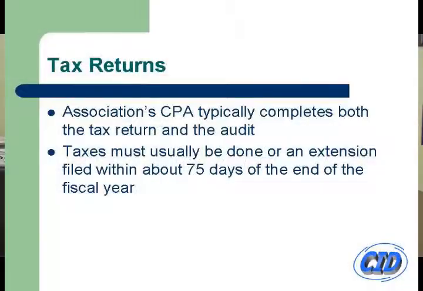The association CPA will typically complete both the tax return and the audit. Taxes must be done usually within 75 days. So if your fiscal year ends at the end of your calendar year, by March 15th you'll typically have to have your taxes done, or else an extension needs to be filed until the association's taxes are completed. So your auditor and your tax accountant are going to be one and the same typically.